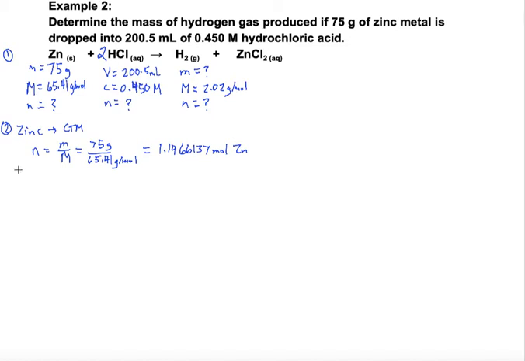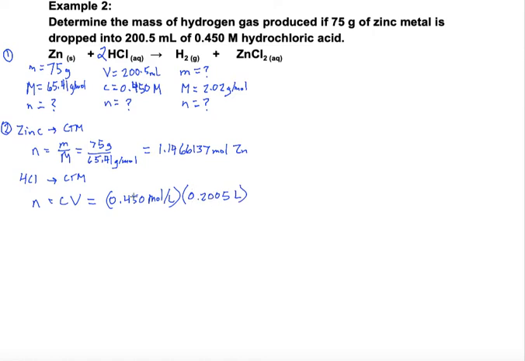The other moles I want to find are my HCl. So HCl, we're going to convert to moles so we can find it. So moles equals C times V, which we've got 0.450 moles per liter. And we're going to multiply that by 0.2005 liters.